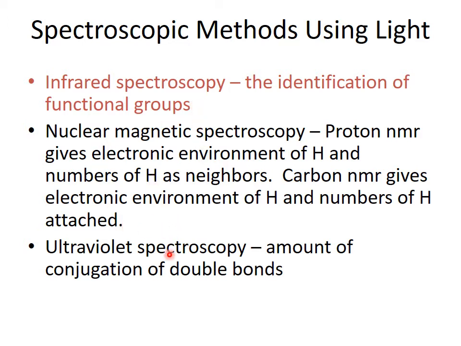We're also going to look at UV spectroscopy, which tells us about double bonds, and we're going to be looking at NMR spectroscopy, which lets us look at the structure of a compound by seeing where the nucleus resides with respect to the electrons. So we're actually looking at the energy of the nucleus in a magnetic field with respect to how the electrons prevent it from seeing the magnetic field or not. But we'll go to those later. Right now, infrared.